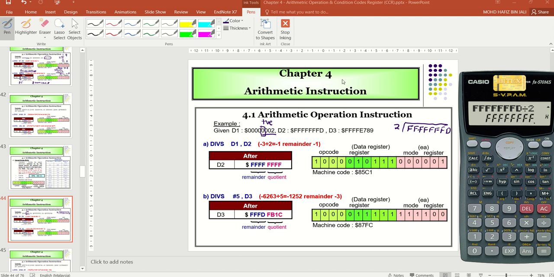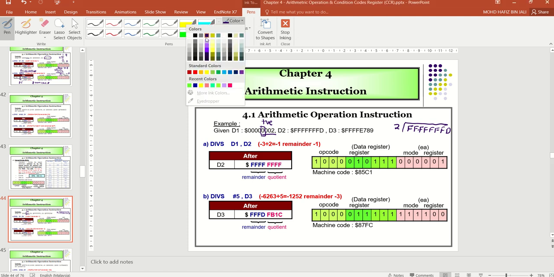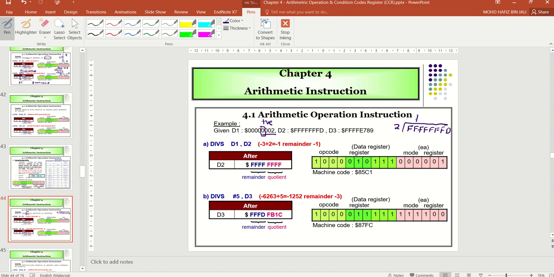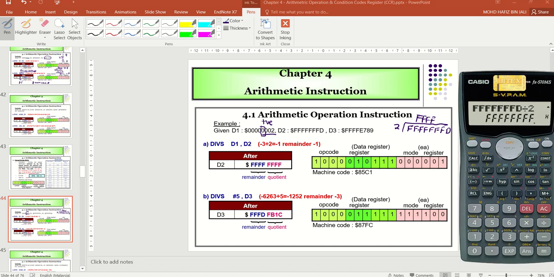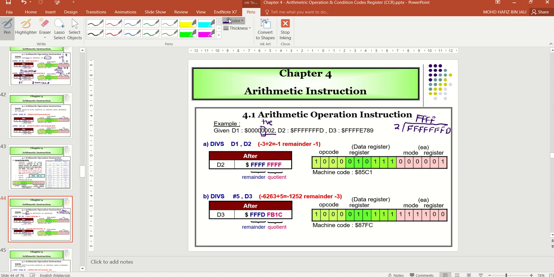So F7F1234567D divided by 2. We get the answer F, all F in 8 bits, then 12345678.